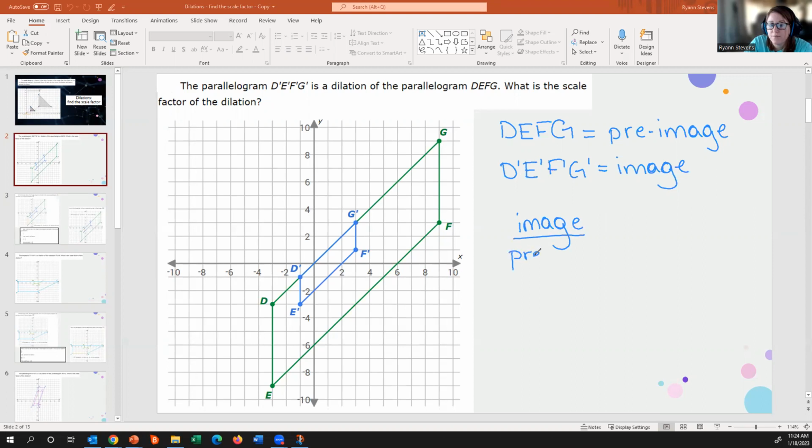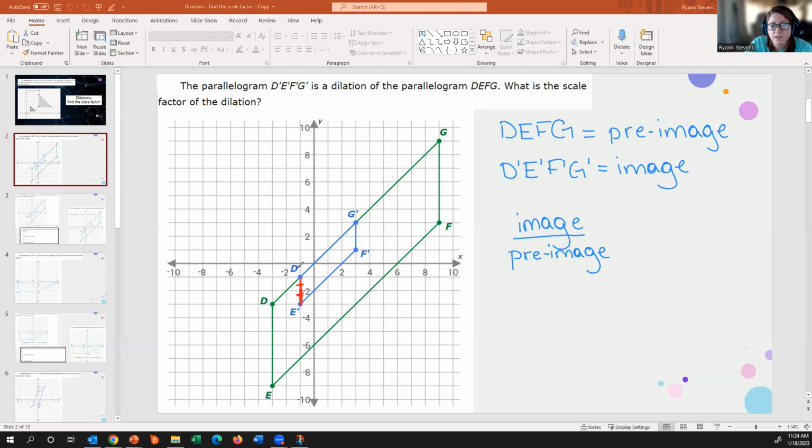Okay, so we've got our pre-image over our image. Okay, the first thing we're going to look at is we want to use corresponding sides. And so with this side DE, this would probably be the best to start with. And this is 2 units because it's not a slanted line.